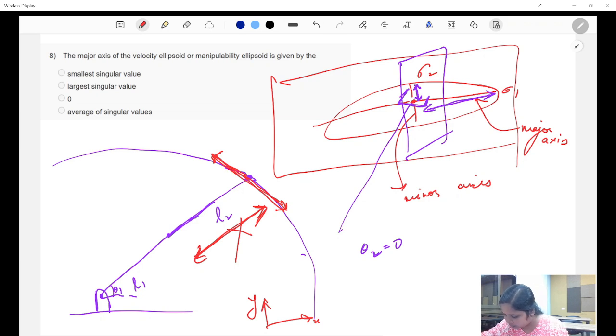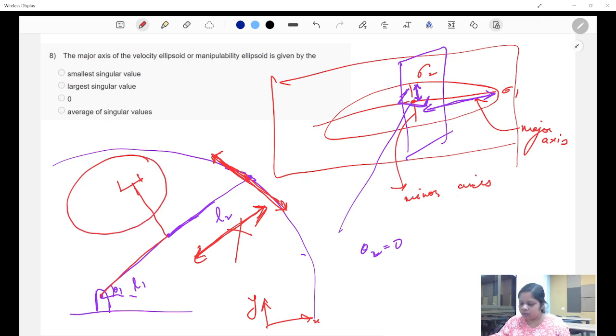And then what happens is your ellipsoid changes. Let's say you were in this configuration sometime back, somewhere here. This was your end effector. You had the complete freedom of moving in a circle. To the extent you could move in this direction, sigma 1, you could also move in this direction, sigma 2. You had the full flexibility to move.